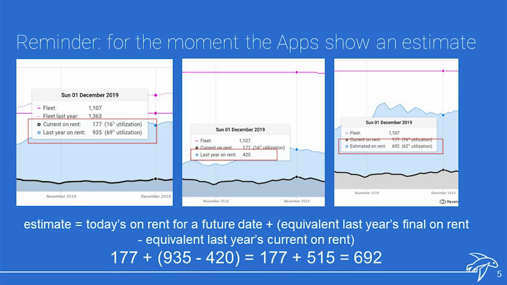If we look at the 1st of December 2019, we can see that at the moment we have 177 booked reservations, and we show an estimate of 692. How do we compute this figure?